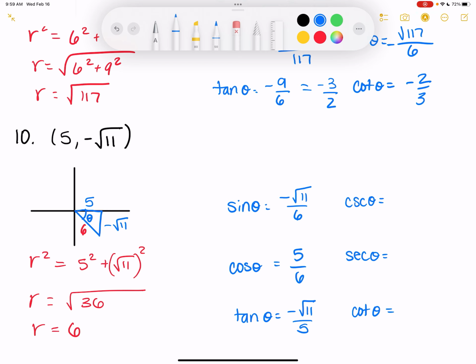Cosecant is negative 6 square root 11 over 11. Secant is 6 over 5. Cotangent is negative 5 square root 11 over 11.